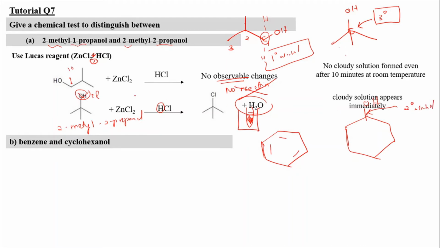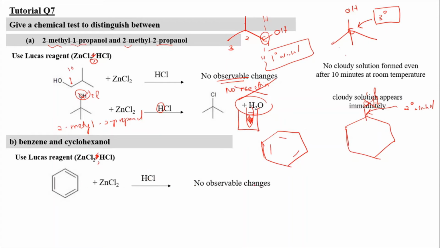For the chemical test, we can use the Lucas test again, because the Lucas test replaces OH with Cl. But for benzene, there are going to be no observable changes. So we use Lucas reagent, zinc chloride with HCl, and benzene reacted under acidified condition gives no observable changes: no cloudy solution formed even after 10 minutes at room temperature.